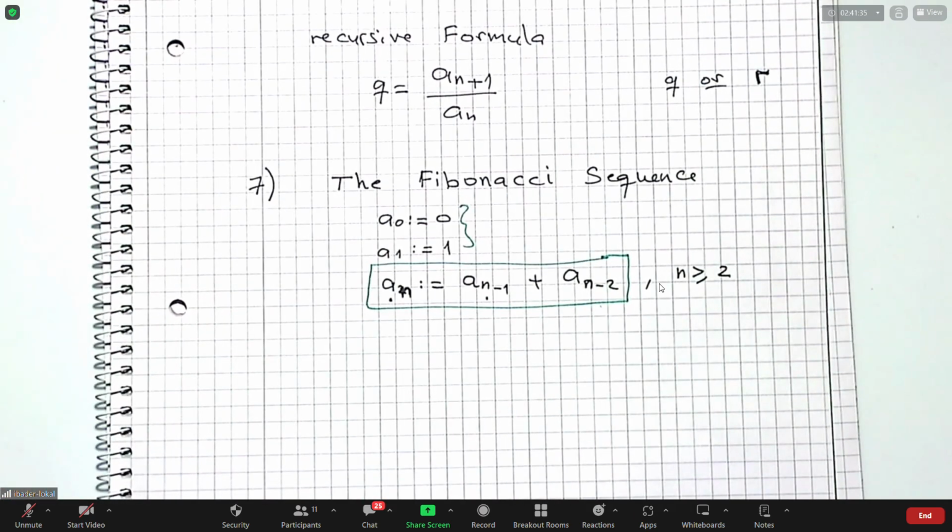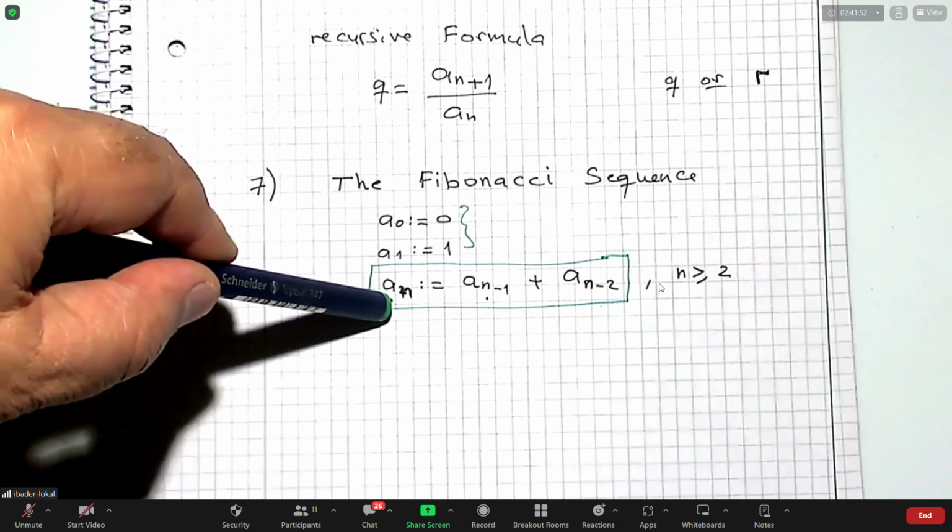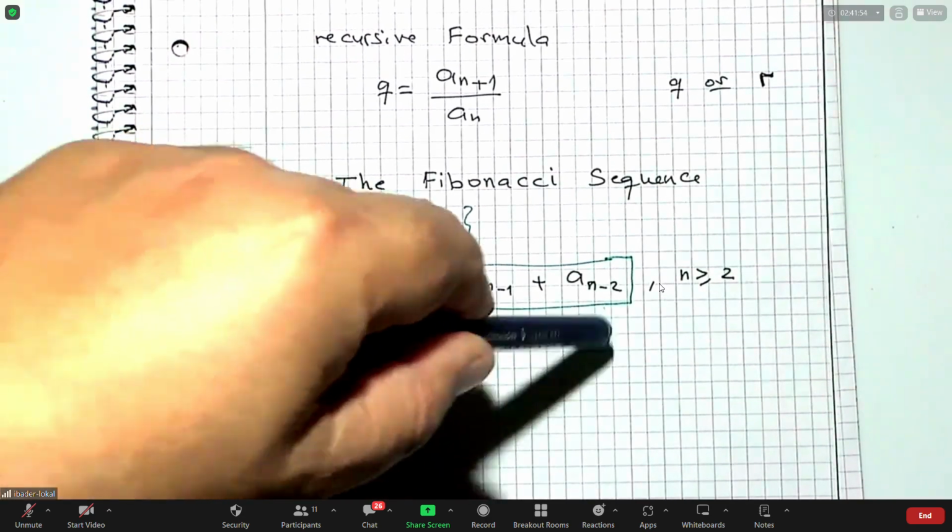Is it clear? This is a pure recursive formula. Hiram, did you get it? What's the meaning of recursive? This element is defined. Okay, great.